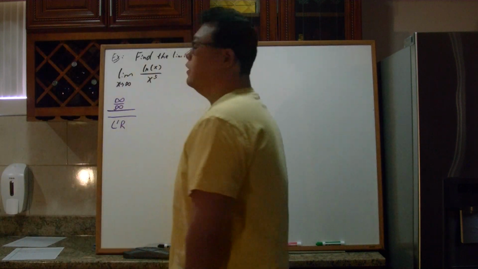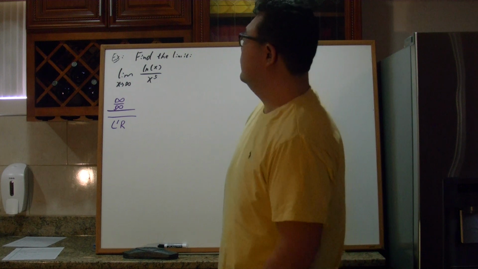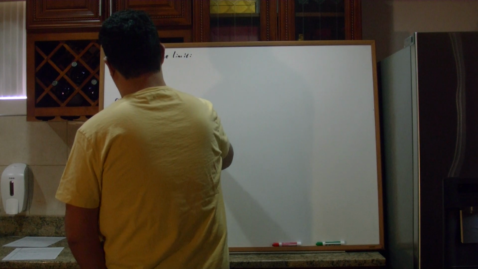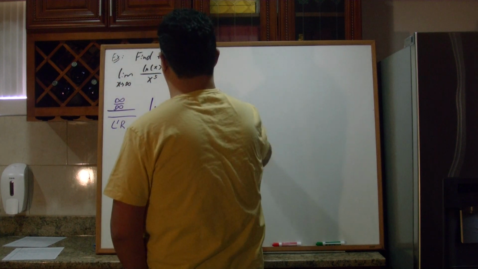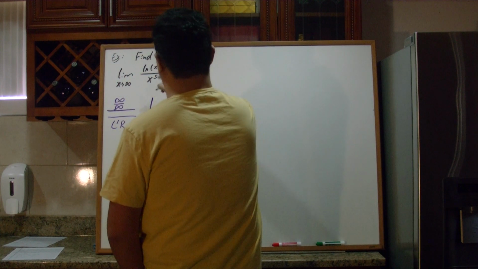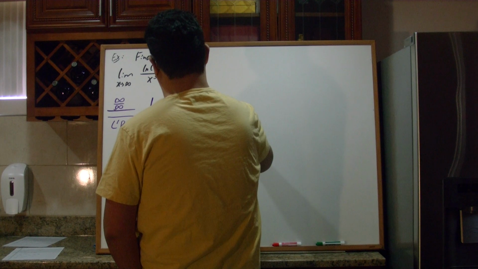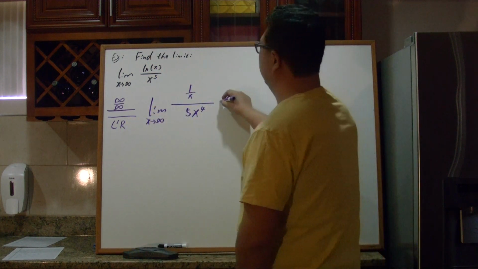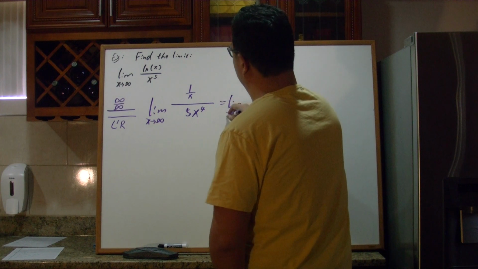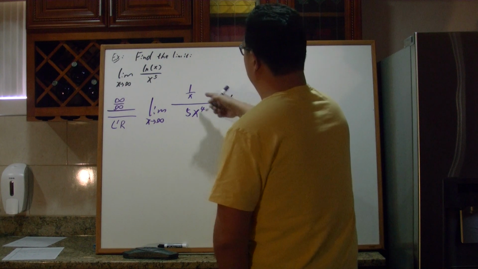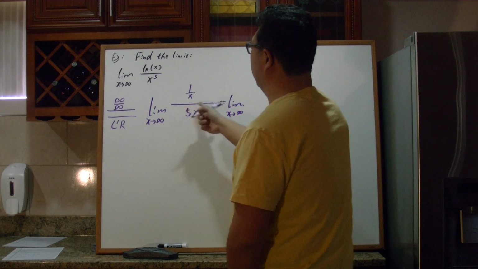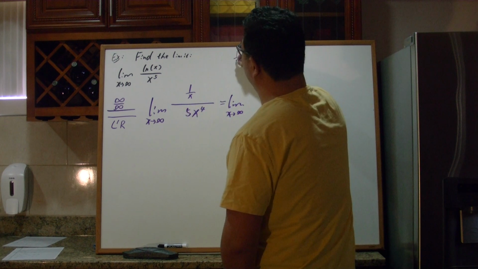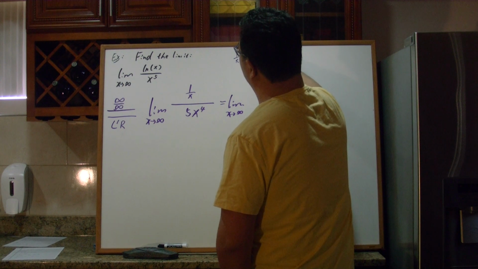Then we could apply the L'Hopital's rule. What we do is differentiate the numerator, that is 1 over x, and the denominator is 5x to the 4th. From that we can simplify. 1 over x divided by 5x to the 4th is 1 over x times 1 over 5x to the 4th.